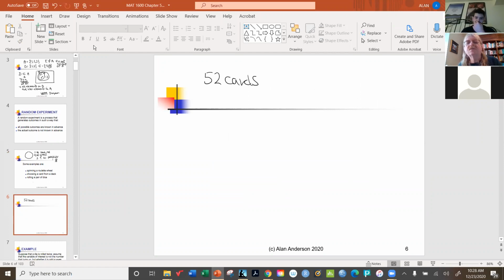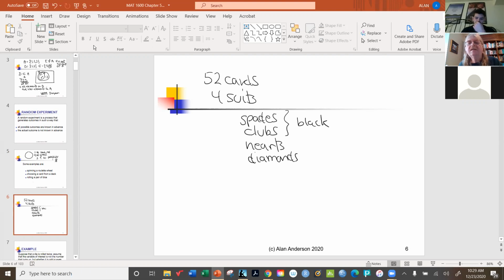There are 4 suits, which are spades, clubs, hearts, diamonds, of which these 2 are black and these 2 are red.